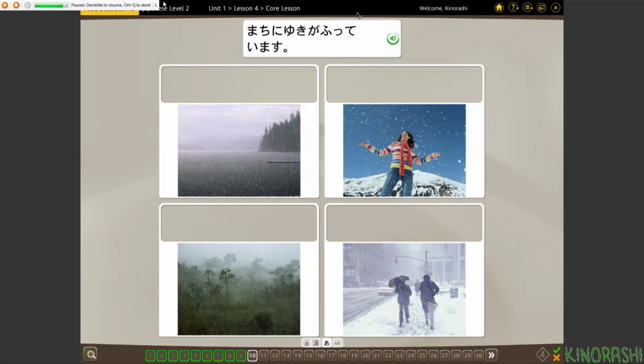I believe yuki is snow, but what's the word for winter? Winter, translate that to Japanese.